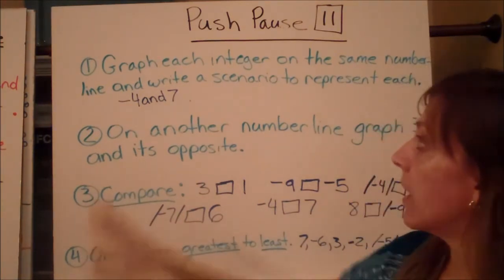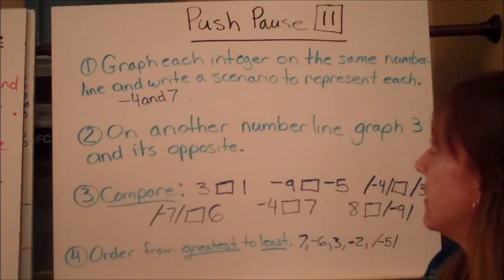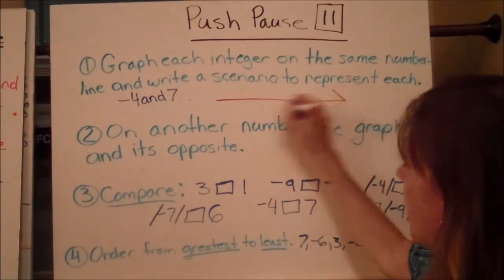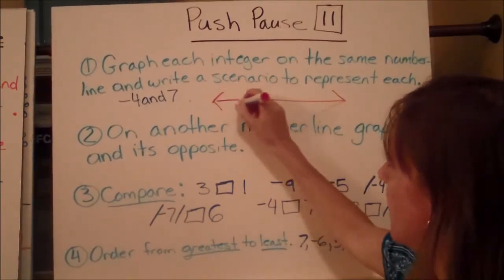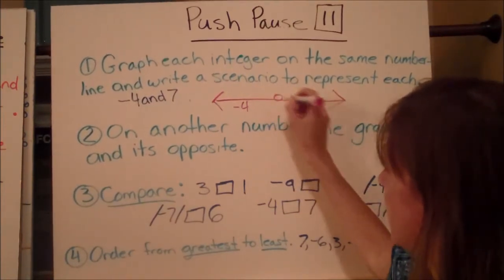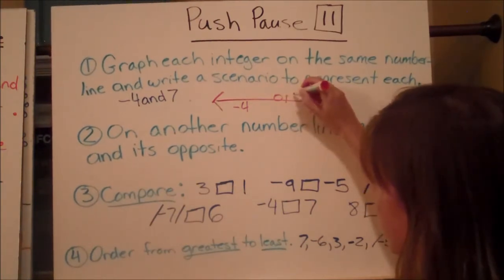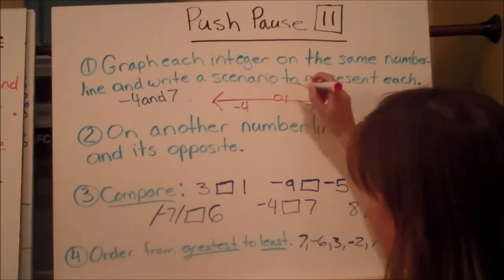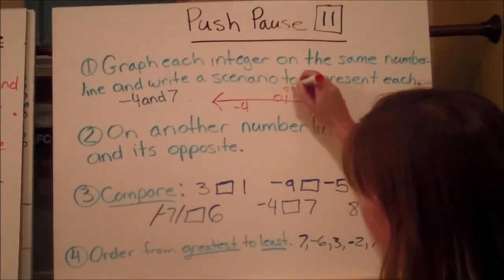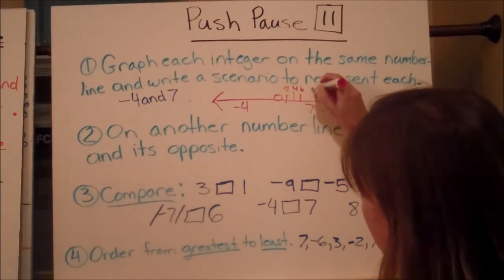All right. Number 1, graph each integer on the same number line and write a scenario to represent each. So I'm going to put 4, negative 4, and 7 on this number line. Negative 4 is going to be to the left, 7 to the right of 0. Here's 0. Let's do 2, 4, 6, 8 on this side.